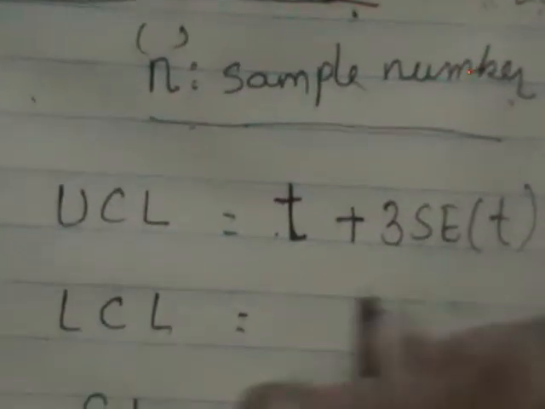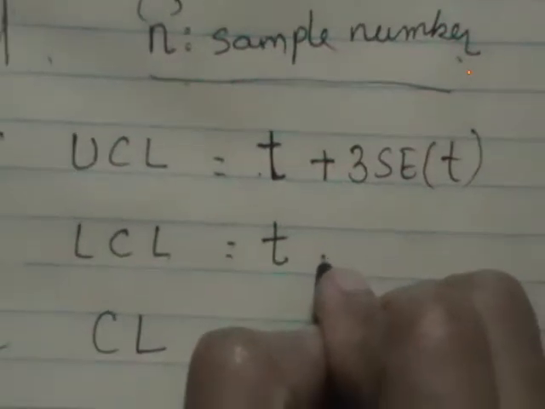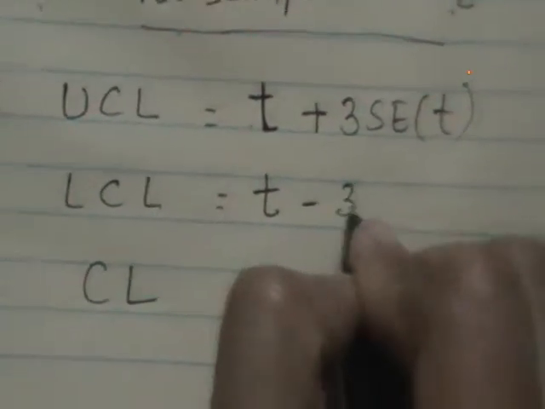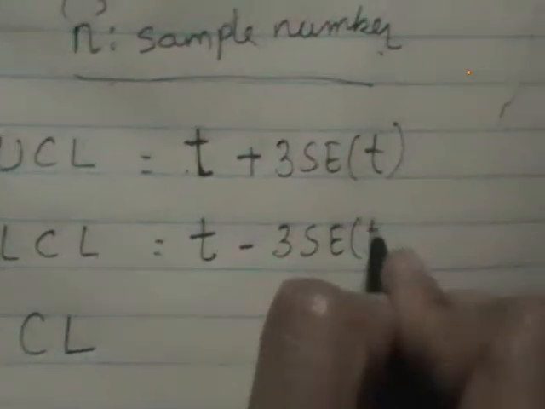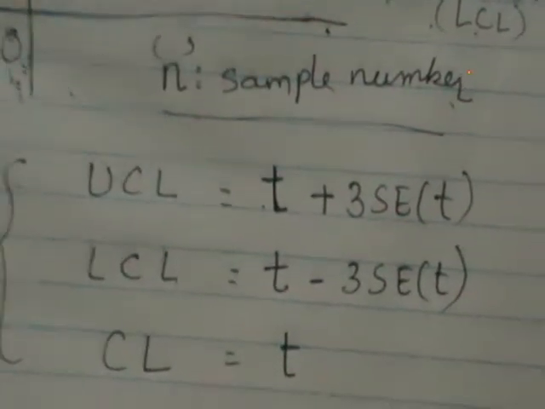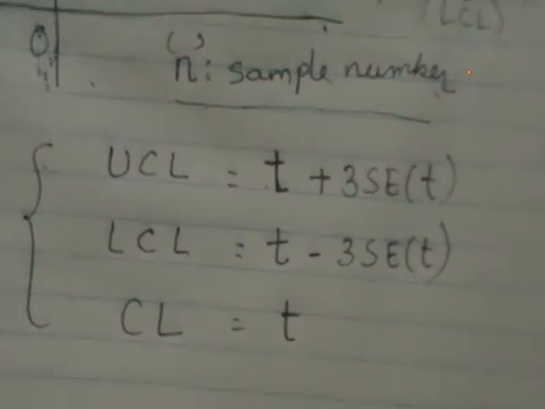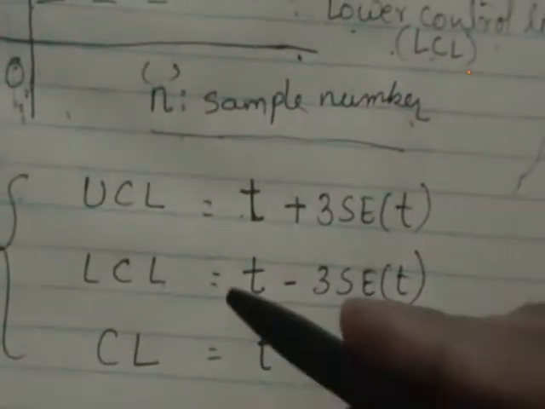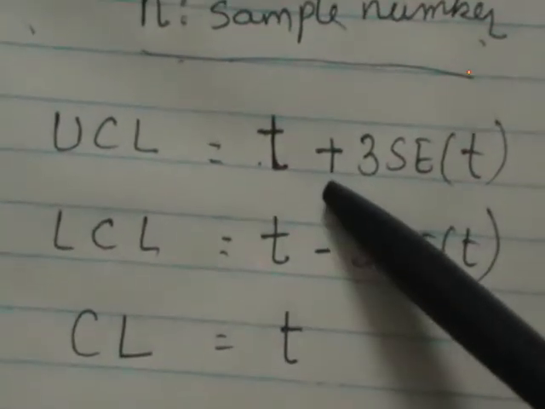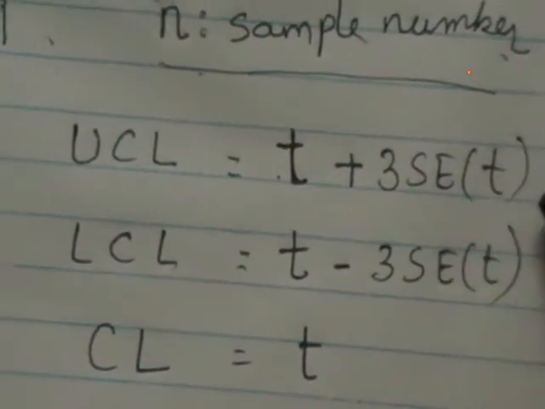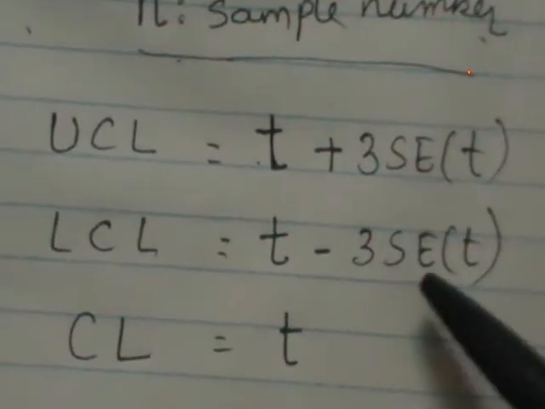We write UCL as T plus 3 into standard deviation of T. For LCL, we write the same with a negative sign: T minus 3 into standard deviation of T. For the control line, simply we write T. Again I will repeat: the upper control limit is T plus 3 standard deviation of T, the lower control limit is T minus 3 standard deviation of T, and the control line is T.